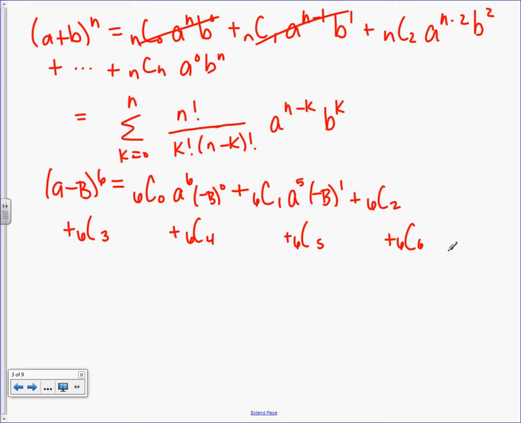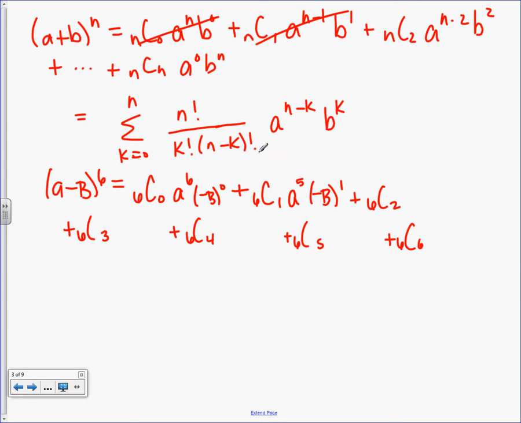Do you see how I'm going to just go ahead and fill in the pattern? Once I do the first couple, I'm like, oh yeah, here's the pattern. So it was 6C0, 6C1, 6C2, 6C3, 6C4, 6C5, 6C6. I know I'm done when they match. See how it's NCN? And I have 6C6. So I know that that would be the end once I fill in my A's and B's or whatever. Is that okay, what I just did?